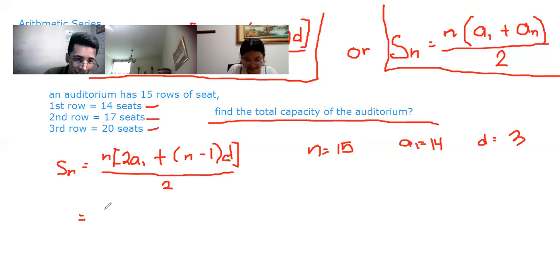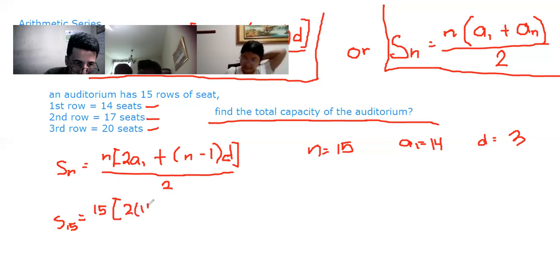So, ang n natin, ang S, this will be S sub 15. Then, 2 times a sub 1, plus n natin, what is n? Mali pala. A sub 1 pala is 14, sorry.